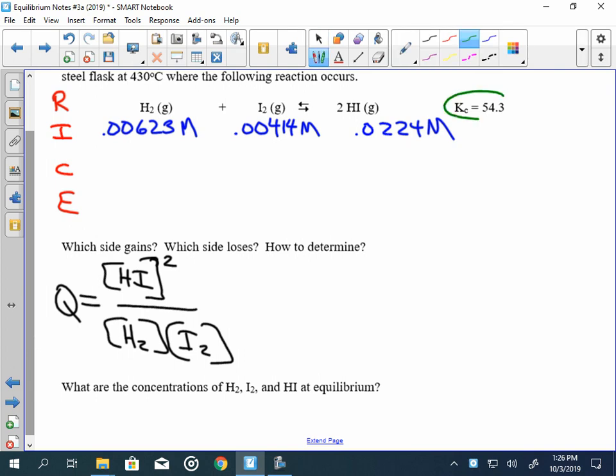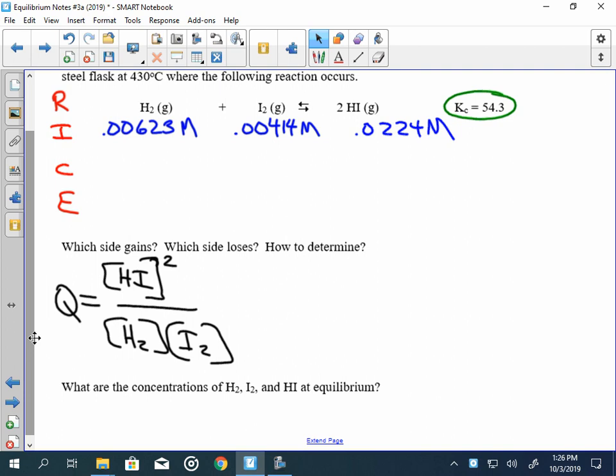Here's what I want you to think about. This K number of 54.3 for this equation, that K is attached to the equilibrium line. And it makes sense to me because the K is known as the equilibrium constant. So it describes equilibrium, the eventual end.